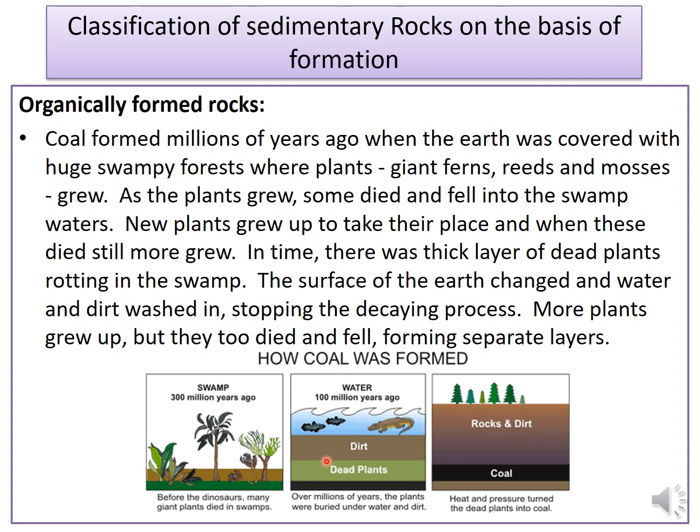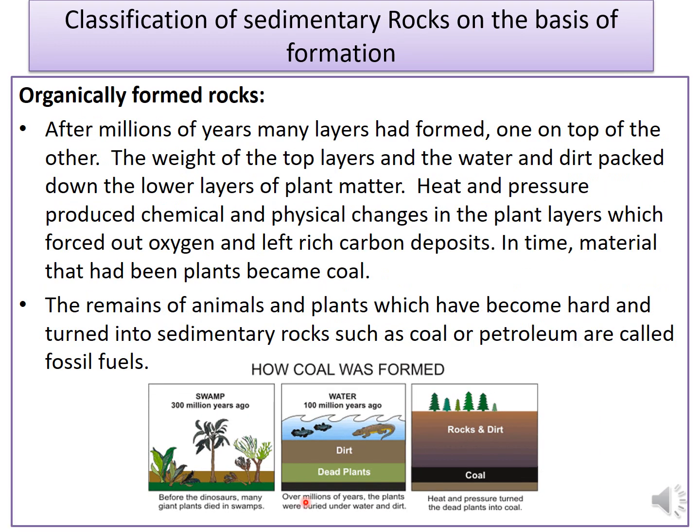The surface of the earth changed, and water and dirt washed in, stopping the decaying process. More plants grew up, but they too died and fell, forming separate layers. After millions of years, many layers had formed, one on top of the other.